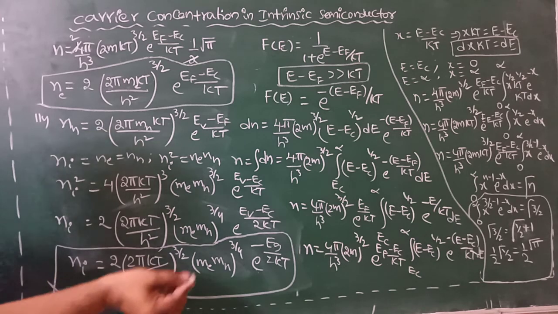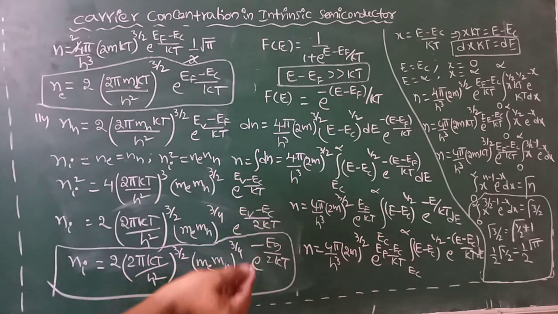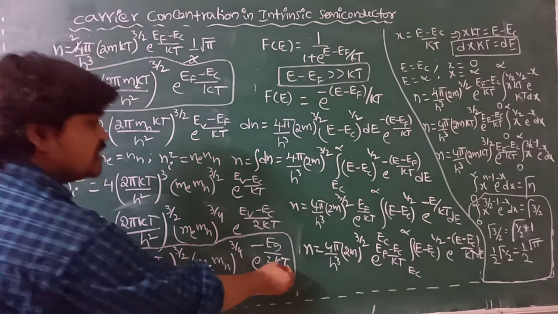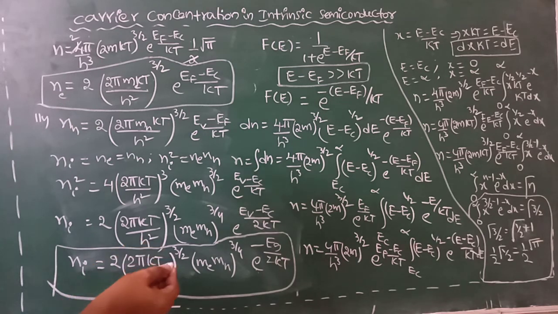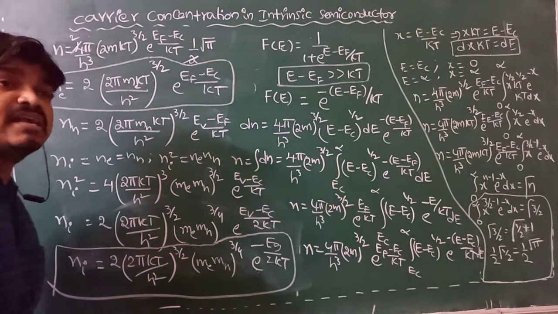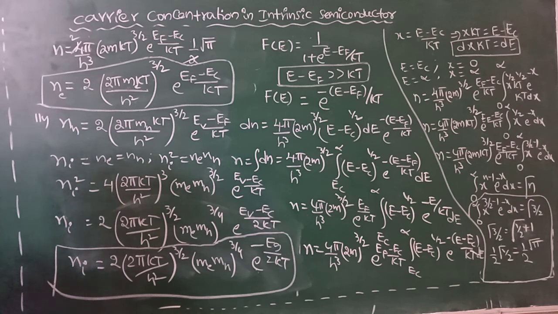So when temperature increases, carriers increase, and conductivity also increases. So in an intrinsic semiconductor, as temperature increases, carriers increase, and as a consequence conductivity also increases. So this is the expression for intrinsic carrier concentration in an intrinsic semiconductor.